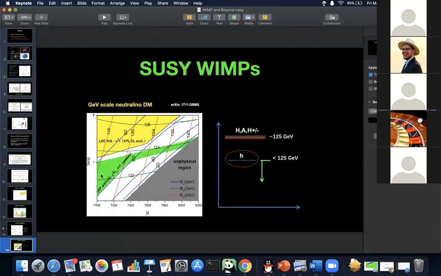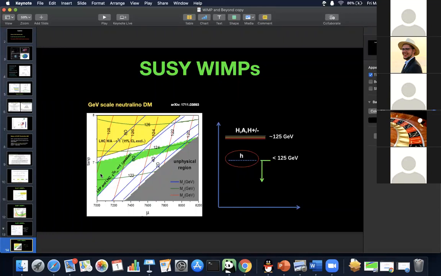This green range is the allowed parameter space for the very light dark matter and very light Higgs boson. The yellow range is excluded by the LHC searches for the heavier Higgs, and this green range is the physical range. If we want to get this range, the tan beta should be very small.